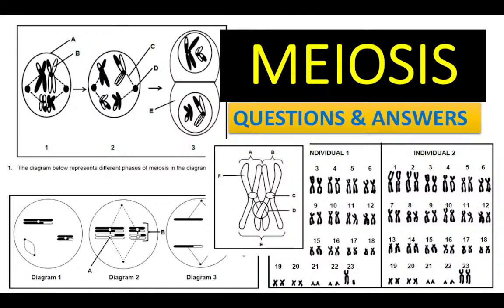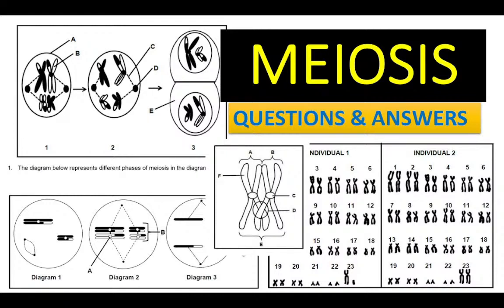Number two, the thing which makes students not get a distinction is this: when you go about questions concerning meiosis in terms of chromosome number, students are asked, how many chromosomes do you see? Students think that wherever a question comes in meiosis it is about humans. No, the question can come, but not about humans.